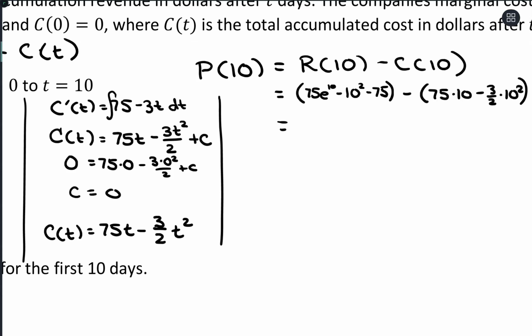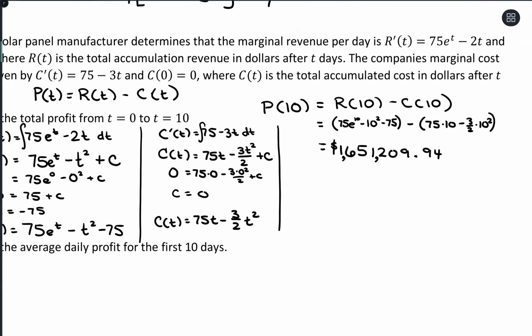So let's go ahead and plug that in. It's going to be a big old number of $1,651,209.94. So that's our accumulated profit over the 10 days.